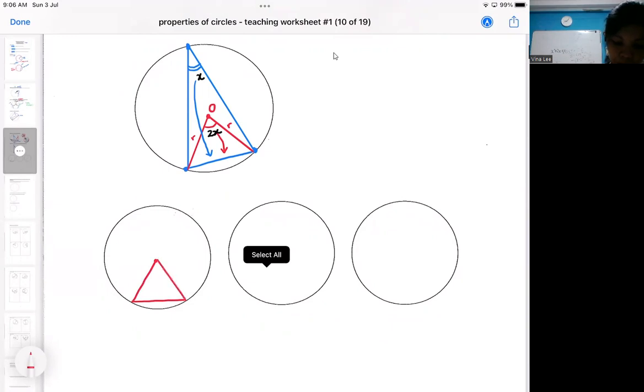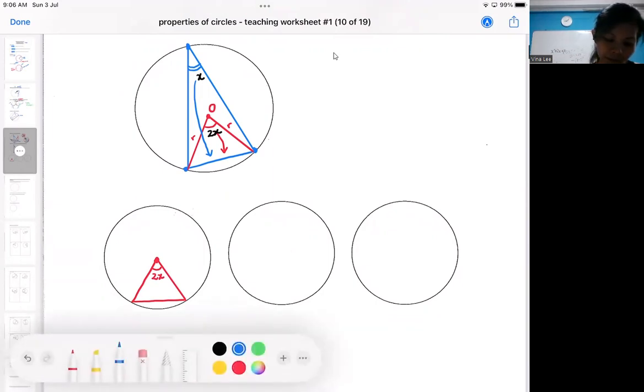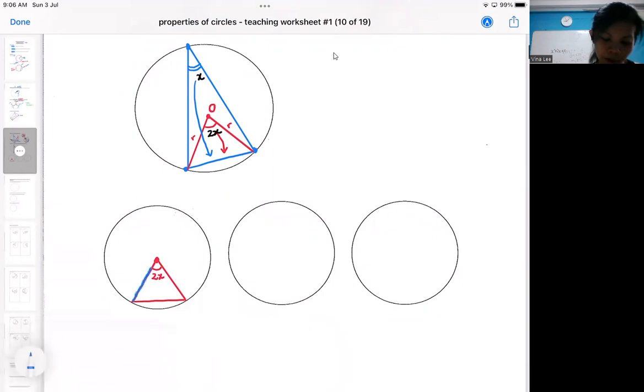So I'm going to start off with the one at the center. So the variation, right, will be with the one at the center. Sometimes the one at the circumference might just brush across the diameter, the center.